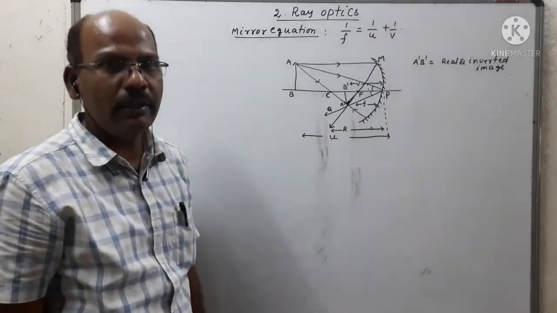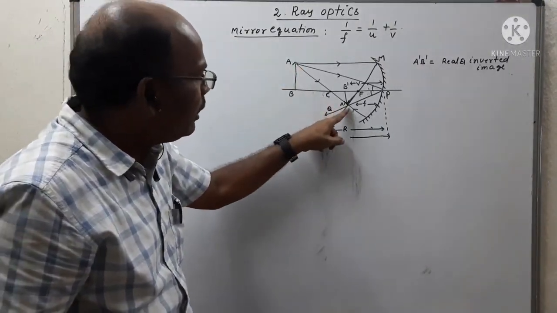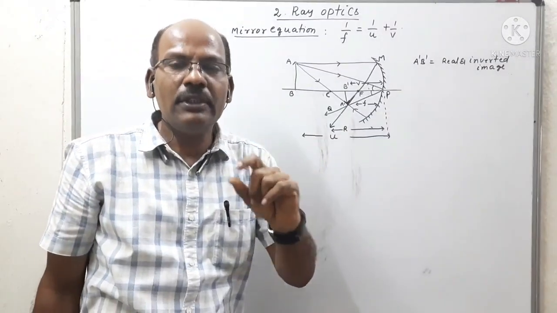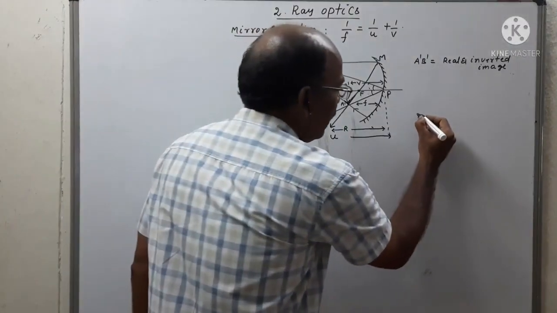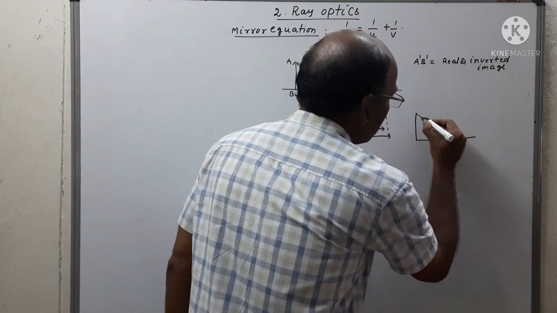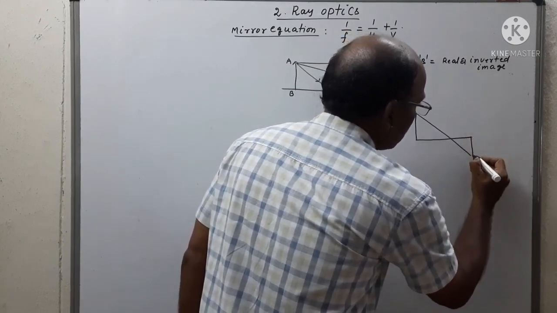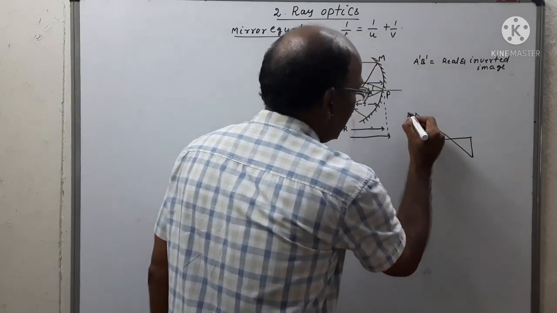Then we observe that A, B, C and A dash, B dash, C are two triangles which are said to be similar. So we can observe in the diagram like this. So this is the diagram of triangles.